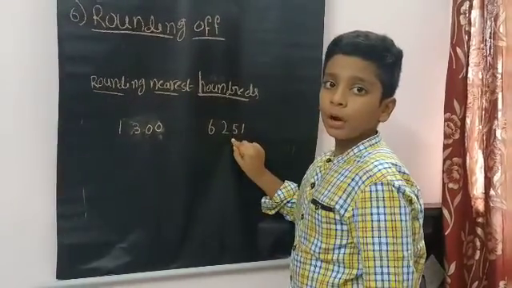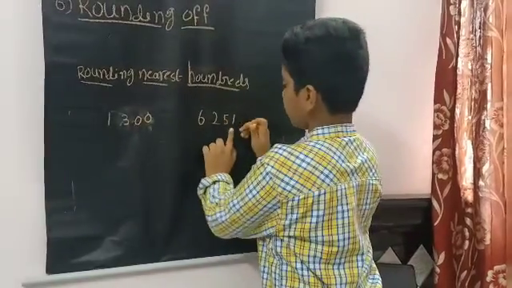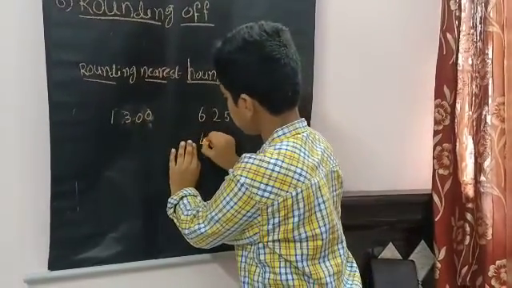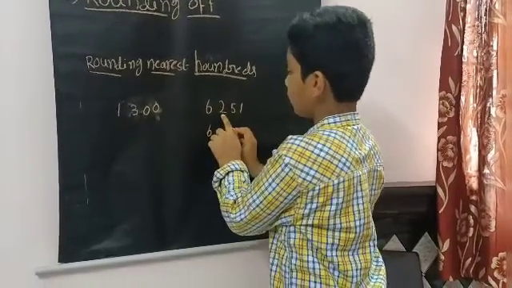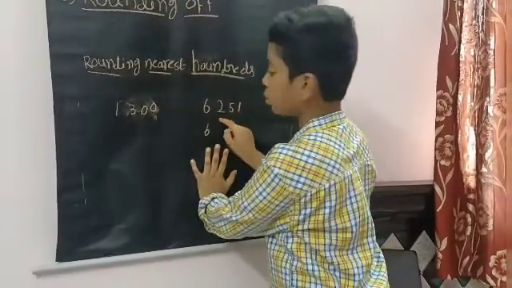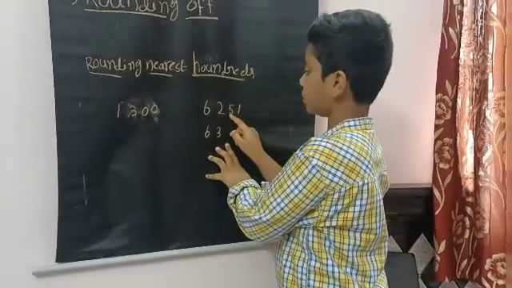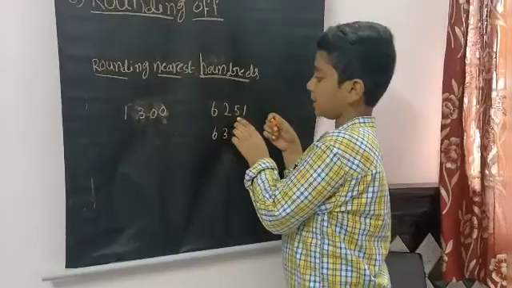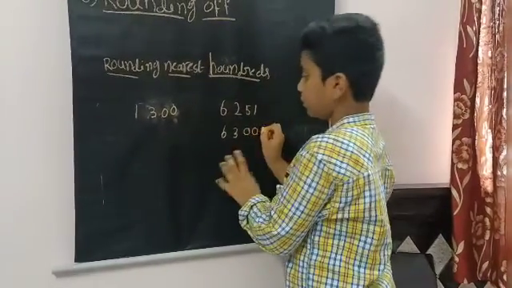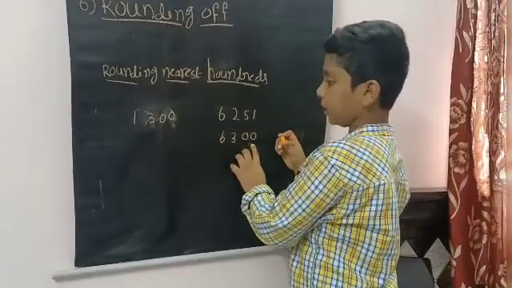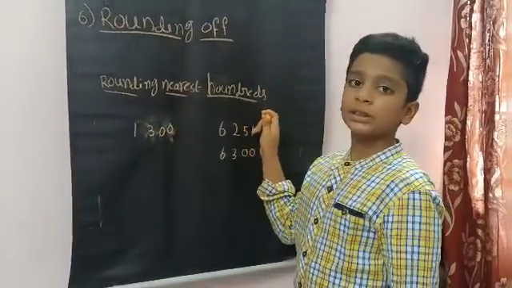It's 5, so we should write 6 here, and we should add 1 to this number 2. It becomes 3. Then we should put zeros in these two places, tens and ones, 0, 0. Now it becomes 6,300. Okay, I think you understand rounding off to the nearest hundreds.